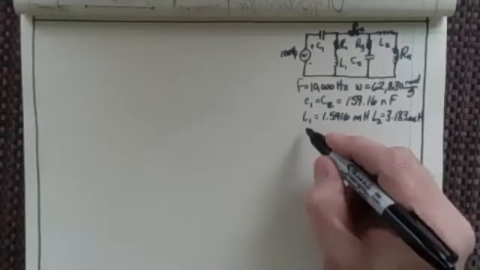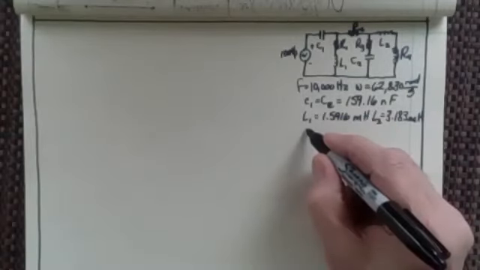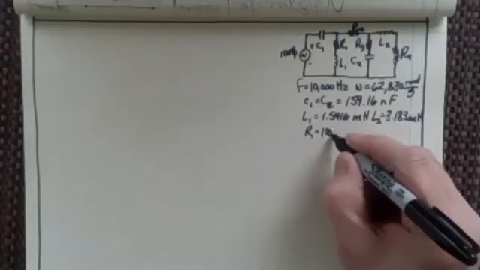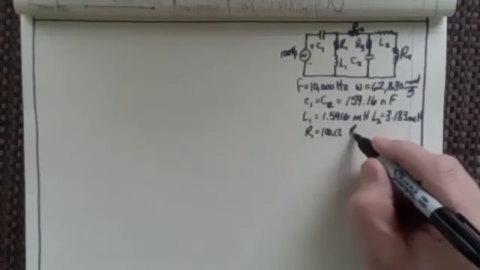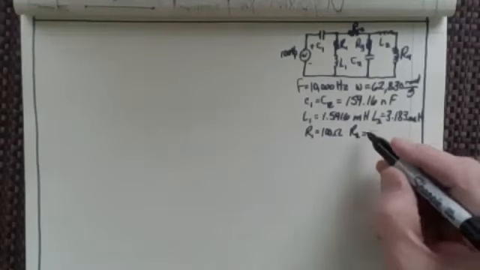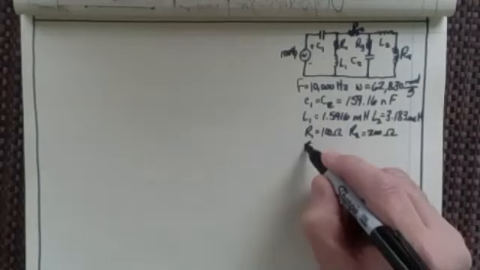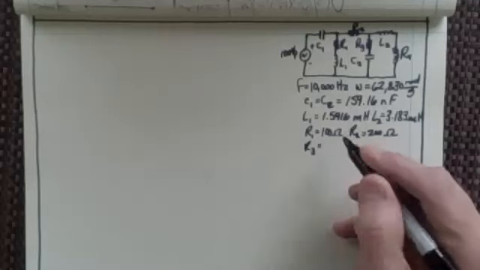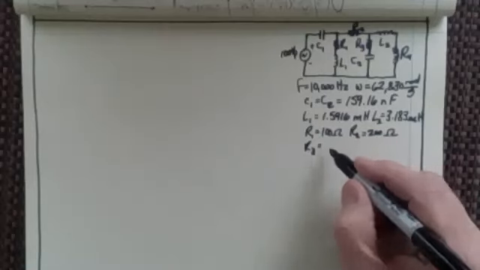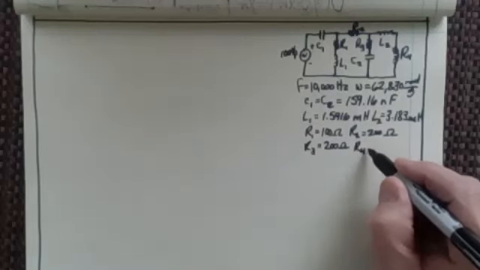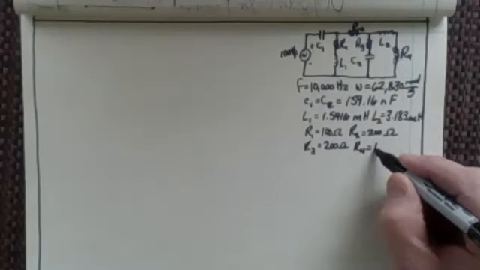Also, let's get the resistors. R1 is going to be 100 ohms. R2 is going to be 200 ohms. R3 is going to be 200 ohms. And R4 is going to be 100 ohms.